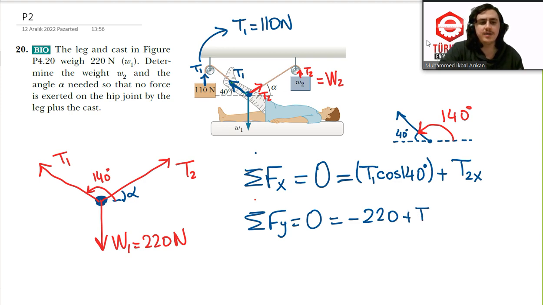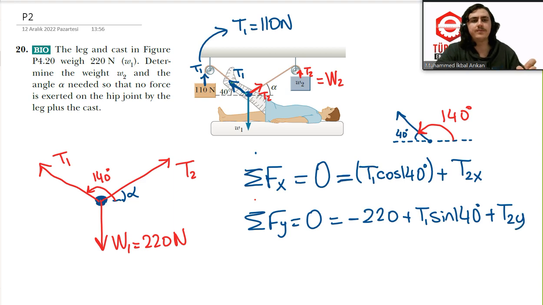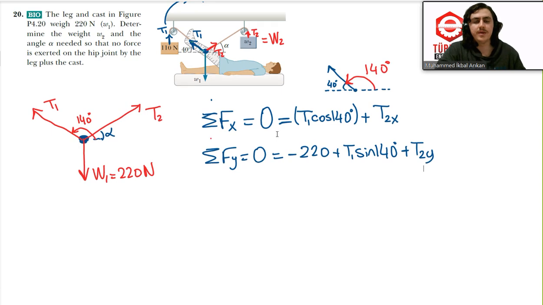So I have T1 sine of this one plus T2y. So I have two equations and two unknowns. So to solve this system of equations, I must reduce my unknowns from 2 to 1.